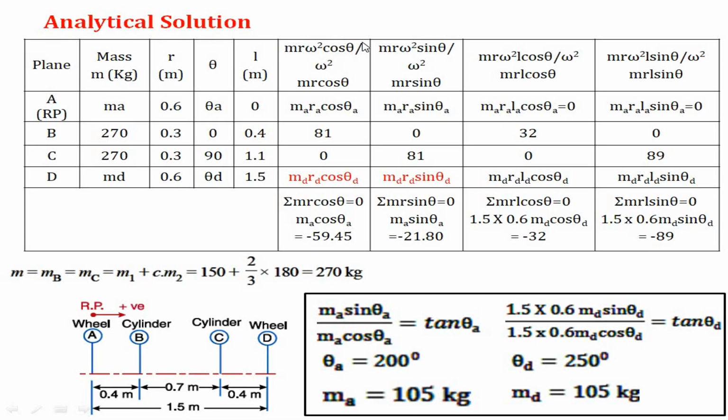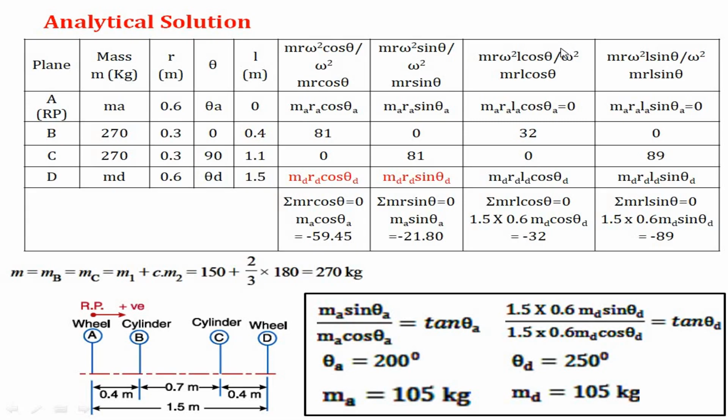So this entire term, which is the horizontal component of the centrifugal force, is represented by m r cos theta. Similarly, for the vertical component, we use m r sin theta. Now in the next two columns, we have couples. Couples are force multiplied by distance. So the force is m r omega square cos theta, which is the horizontal component, multiplied by L. And similarly, we are avoiding the calculation of omega square.